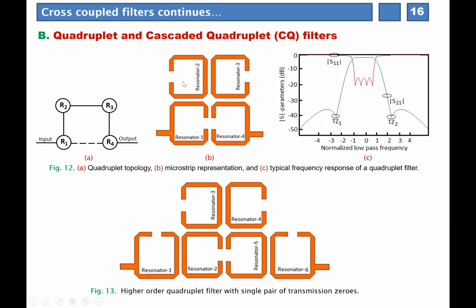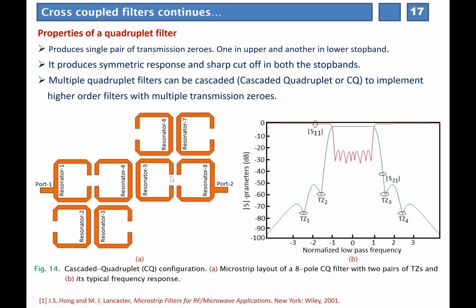4 resonators are involved. And this one, figure 14A, is cascaded quadruplet designing. That means here is one quadruplet, 4 resonators, and another 4 resonators, that is another quadruplet unit, they are coupled together. So the final filter will be a cascaded quadruplet filter with 8 resonators, and you will get 4 transmission zeros, 2 at the lower end and 2 at the upper end.